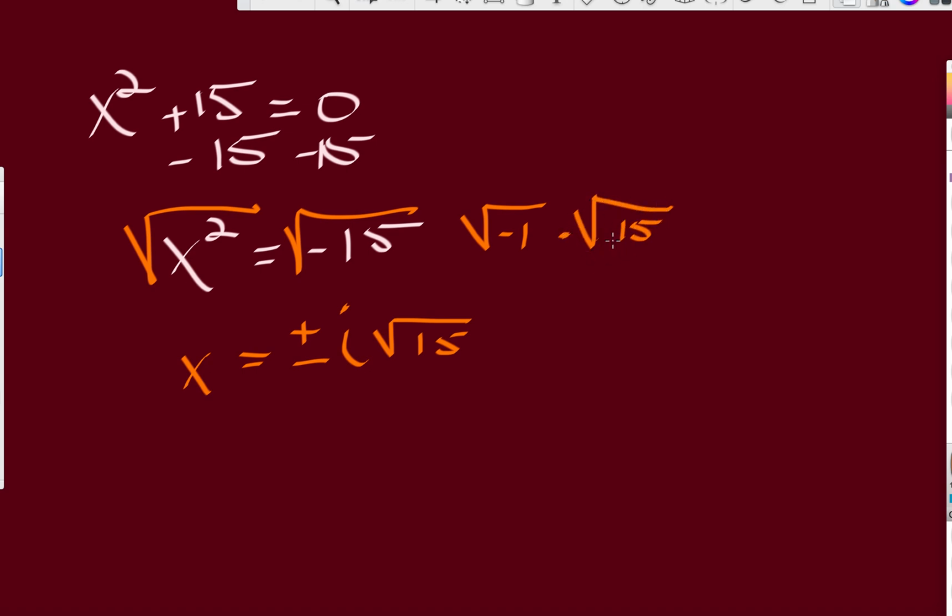Can't break 15 down anymore. There are no perfect squares in there. That's what this is going to look like. That's probably, in my humble estimation, the most difficult problem to solve. And I may or may not put that on there, but it's there. Follow that format. Other than that, we are good to go.